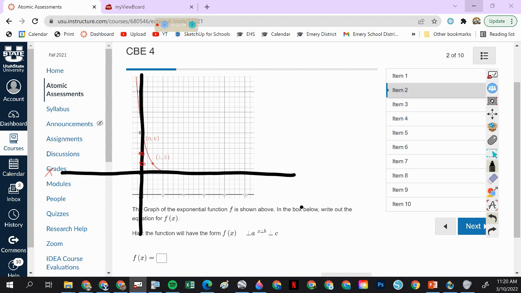Did I go up 2? Yeah, 2, 3, 4. So what is the exponential equation that drops by, we're going from 4 to 1?